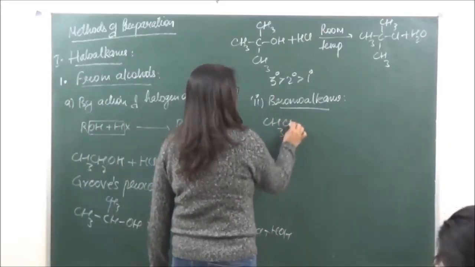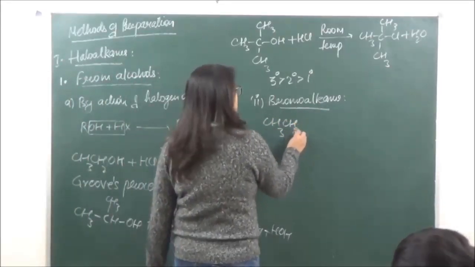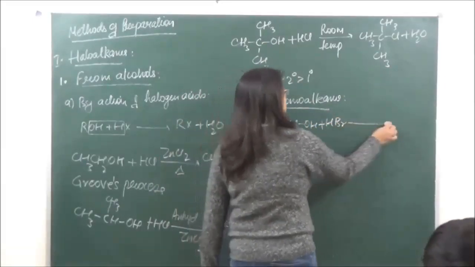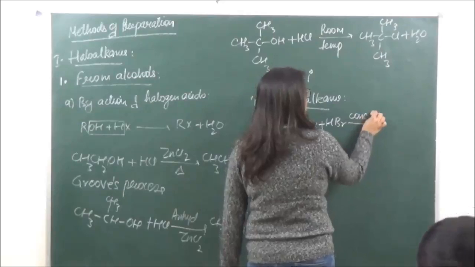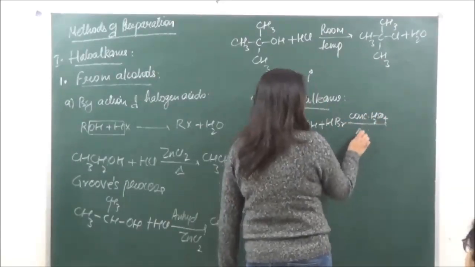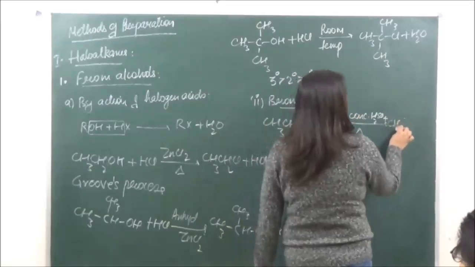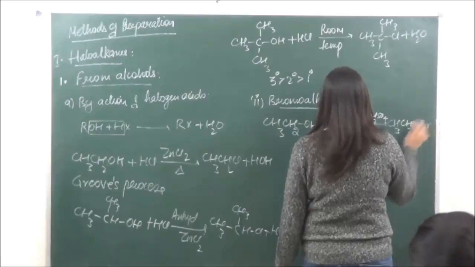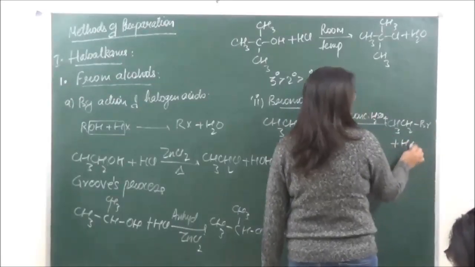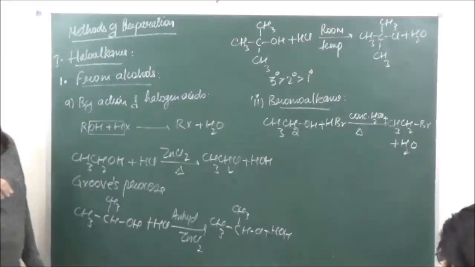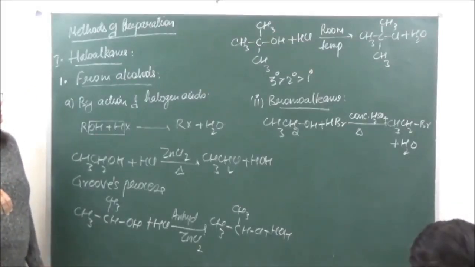So we have over here CH3CH2OH plus HBr in presence of concentrated H2SO4, and we are heating the mixture when we will get CH3CH2Br plus water. This is how we will prepare the bromoalkanes.